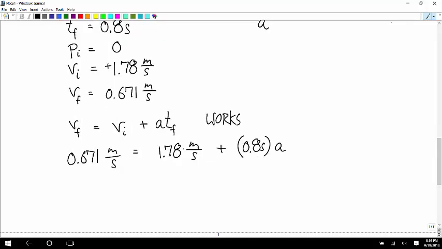I'll subtract 1.78 from both sides. Let's just make it 0.67.